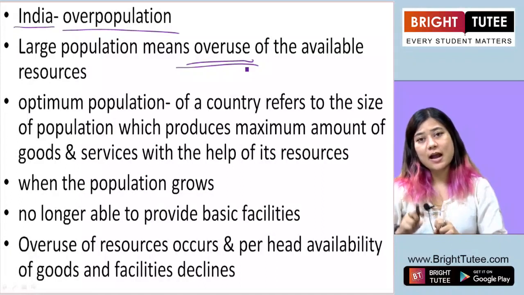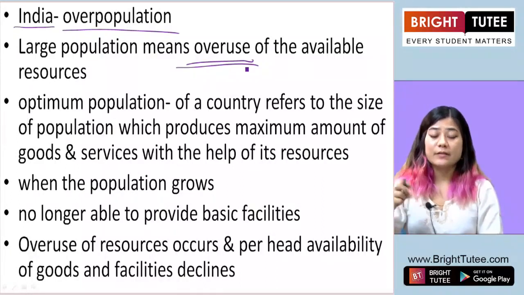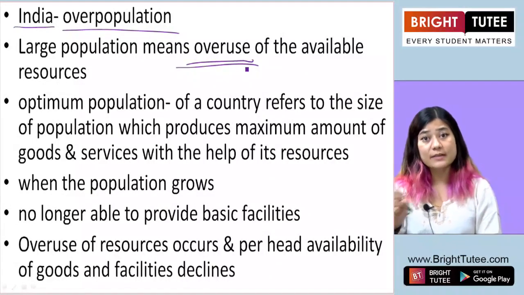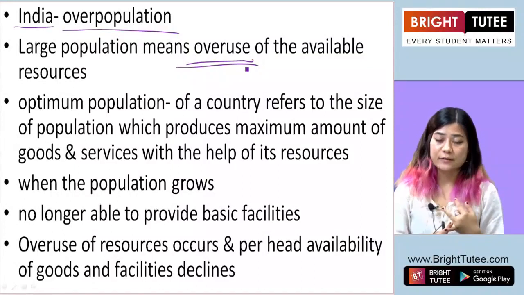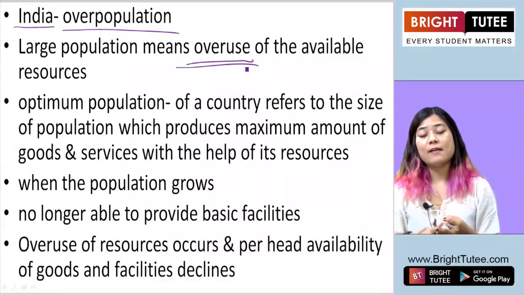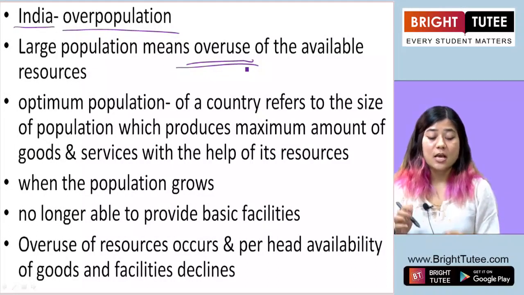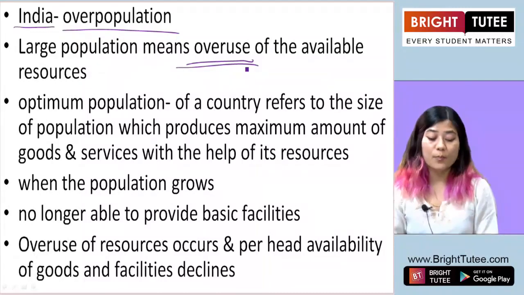The resources are not enough for the use of each and every individual living in the country. Because of that, they don't receive basic facilities equally, and they also have low living standards. So this is why India, on the other hand, is overpopulated.